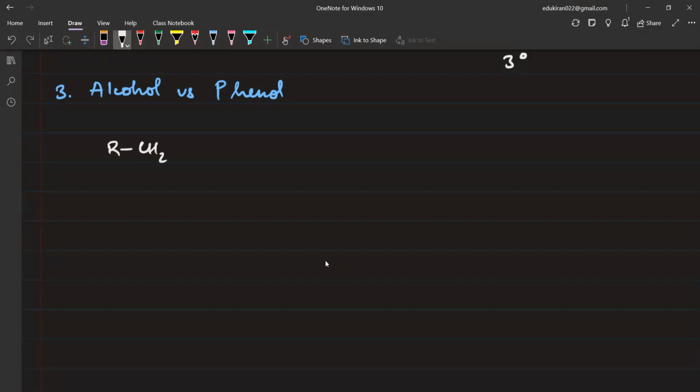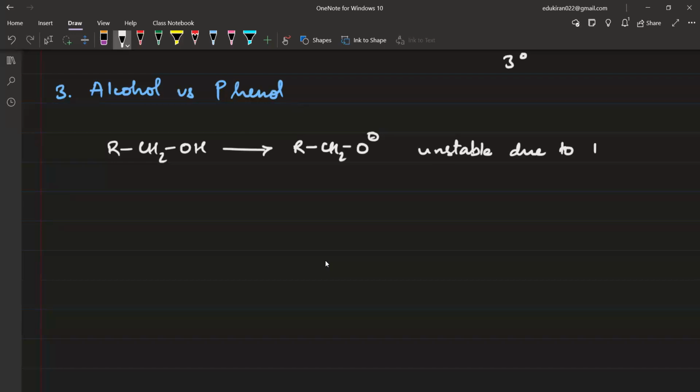R CH2 OH will give you R CH2 and O negative. And obviously this is unstable due to plus I group. Unstable due to plus I group.